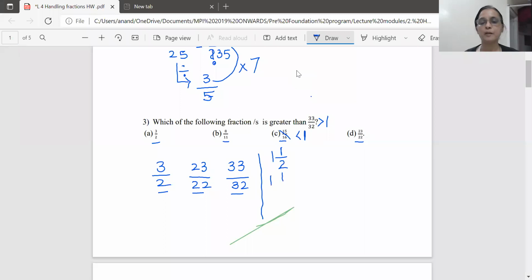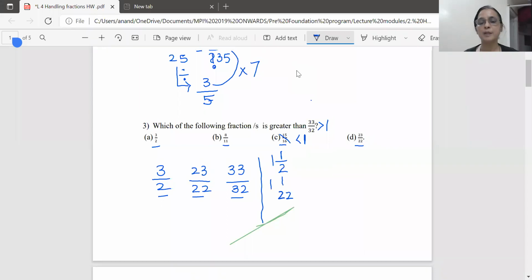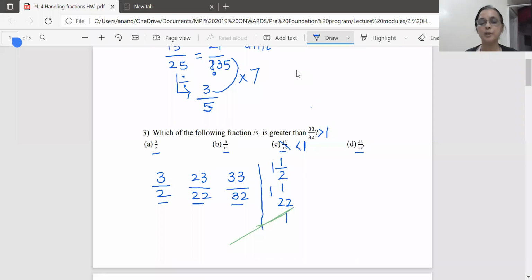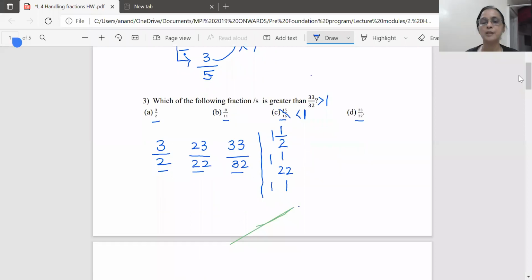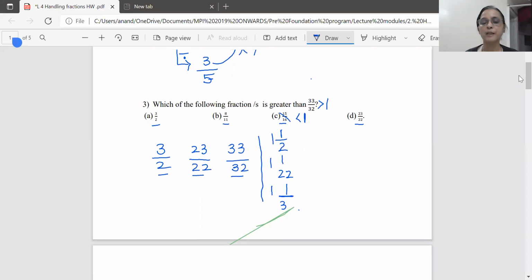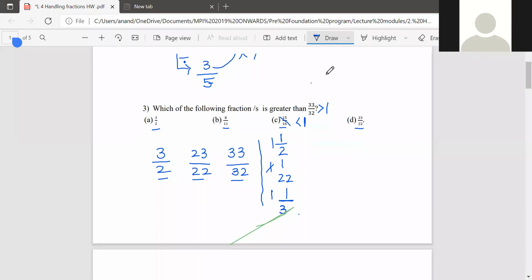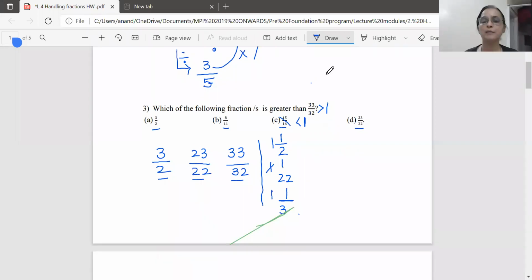And 33 upon 32 becomes 1 integer 1 upon 32. I have three mixed fractions, and for all three it is 1 integer something, correct? So I can just ignore this 1 integer part for comparison because it is constant for all. I can ignore it.